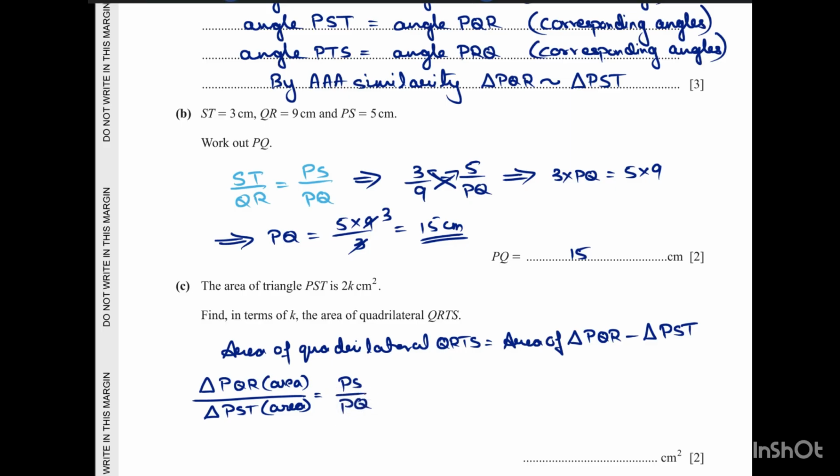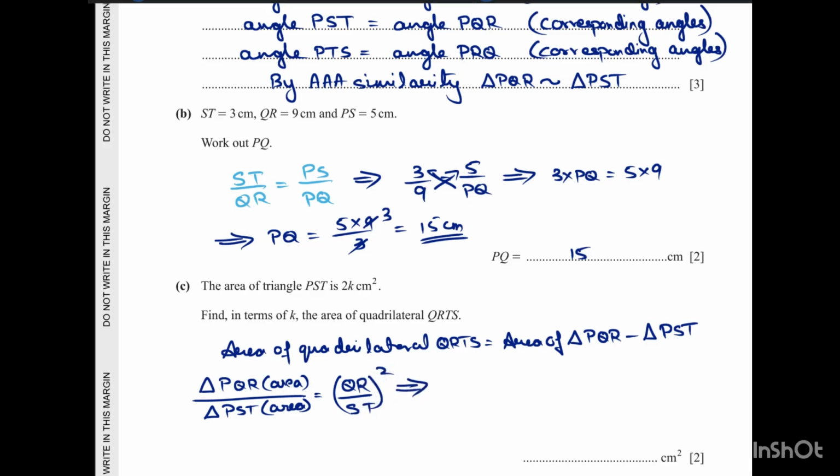Let us take two corresponding sides which are already given. PQR is taken in numerator, so let me take QR in numerator and ST in denominator, whole square.